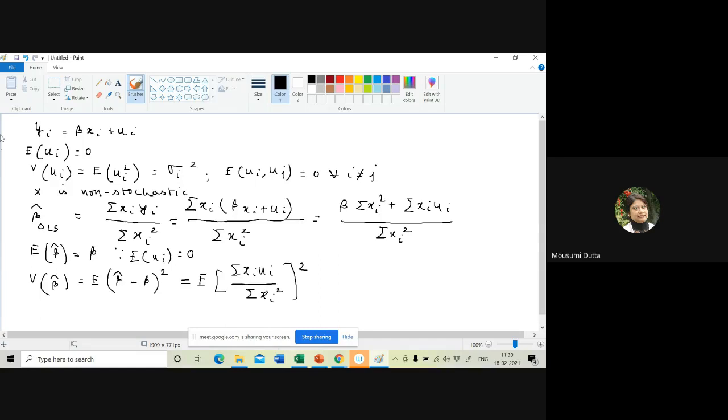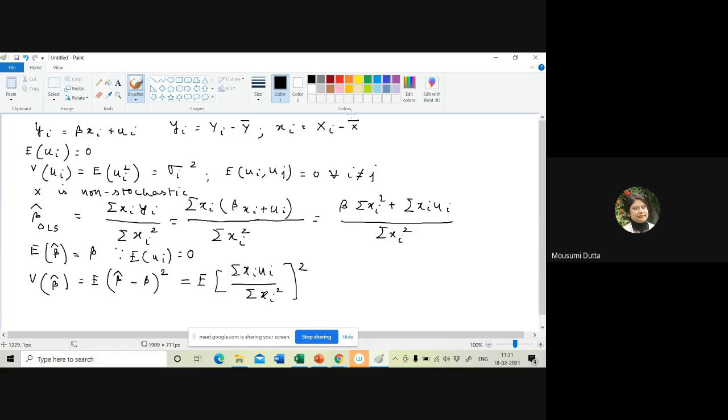Small yi, that is capital Yi minus Y bar, and small xi. And all of you know, when we consider the deviation form, the intercept term will vanish.